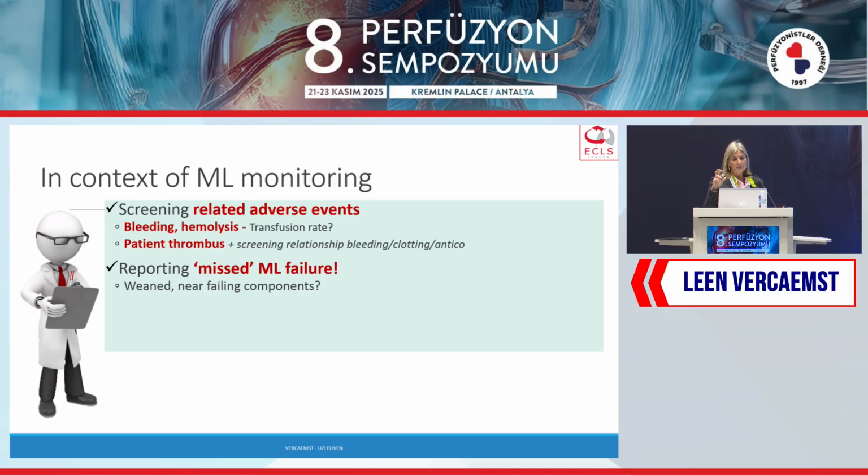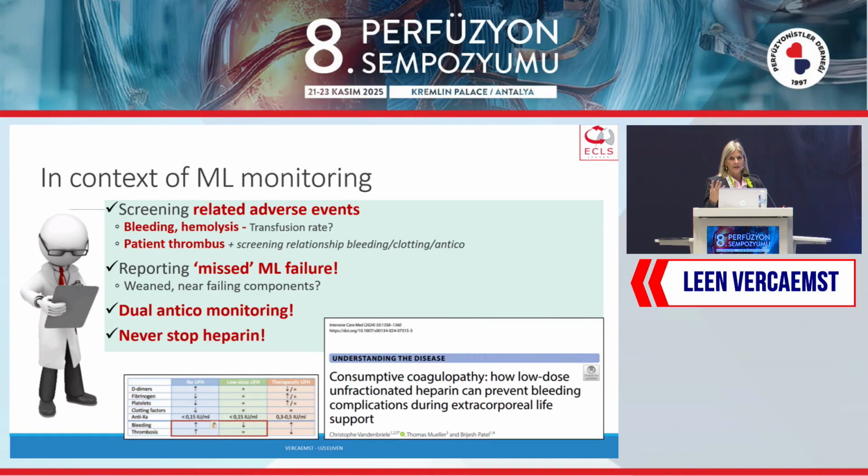Also report the missed membrane lung failures, because what you see in the literature is the need to change out, but we miss a lot because people are weaned, because we just tolerate it, we don't support the patients properly anymore. Consider dual anticoagulation monitoring. It's really worthwhile, saving you more circuits, and never, never, never stop heparin.